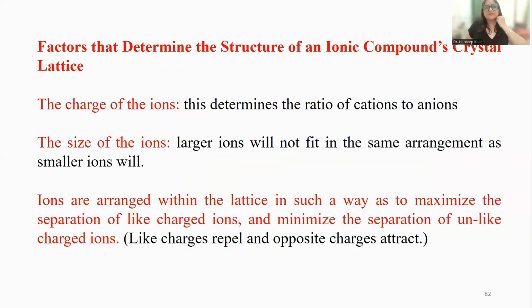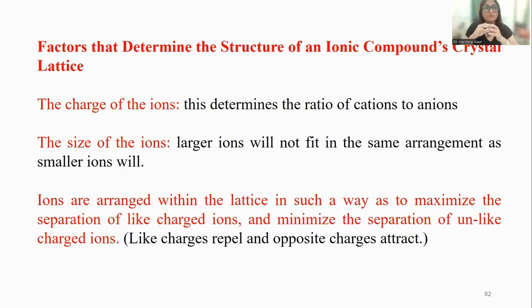There are some factors that determine the structure of ionic compounds, the crystal lattice: first of all the charge on the ions, the size of the ions, and the ratio of cations and anions. Larger ions will not fit in the same arrangement as smaller ions.